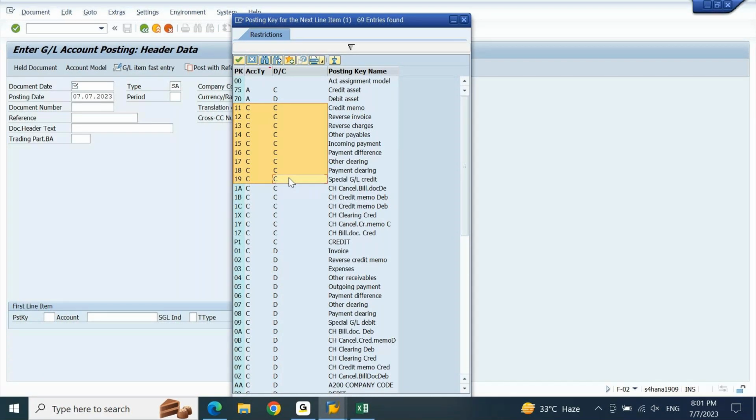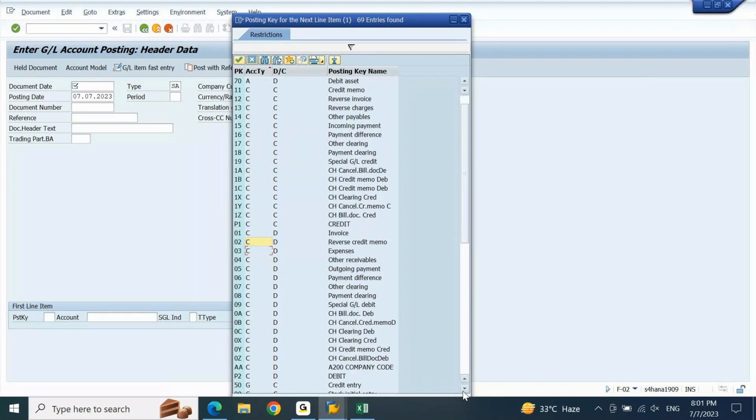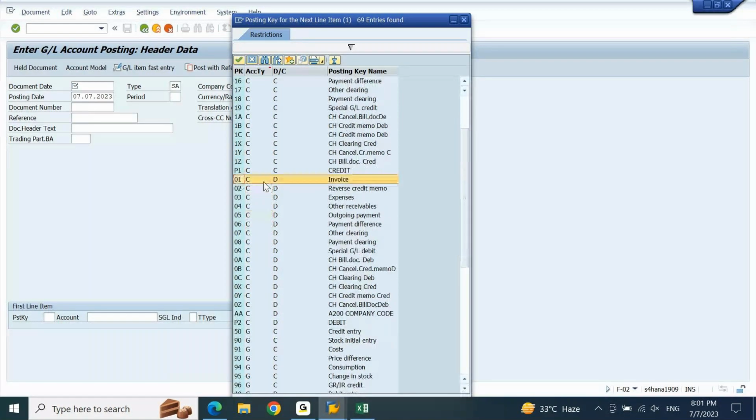Similarly, for customer debit, we are going to look at 01 until 09 only. Though you have other keys, we will not be using them because these are not pure numeric, these are alphanumeric. In general, we will not be using alphanumeric posting keys. Strictly, we must use a 2-digit numeric posting key in SAP.